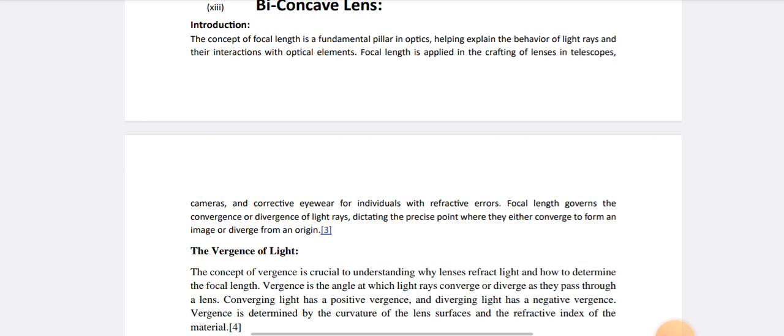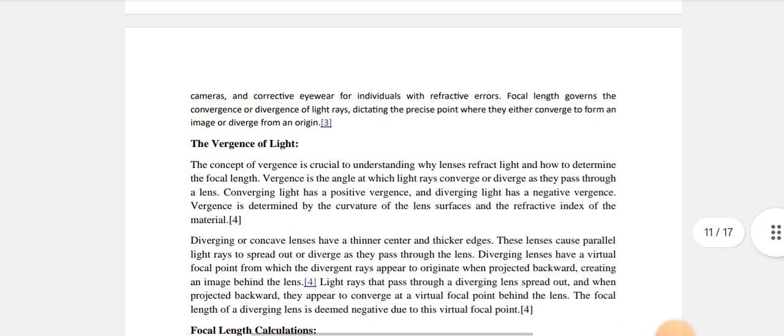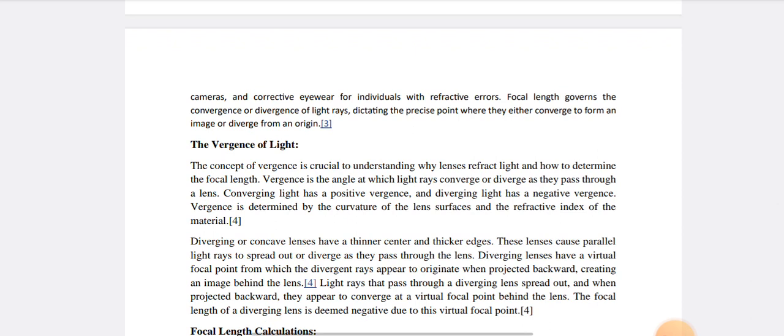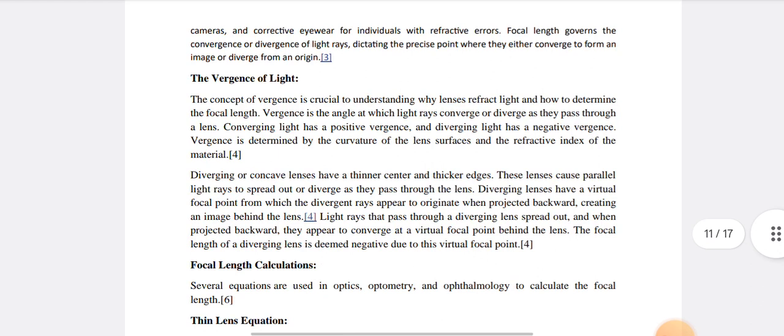The vergence of light. The concept of vergence is crucial to understand why lenses refract light and how to determine the focal length. Vergence is an angle at which light rays converge or diverge as they pass through the lens. Converging light has a positive vergence and diverging light has a negative vergence. Vergence is determined by the curvature of the lens surfaces and the refractive index of the material. A diverging or concave lens has a thinner center and thick edges. These lenses cause parallel light rays to spread out or diverge as they pass through the lens.